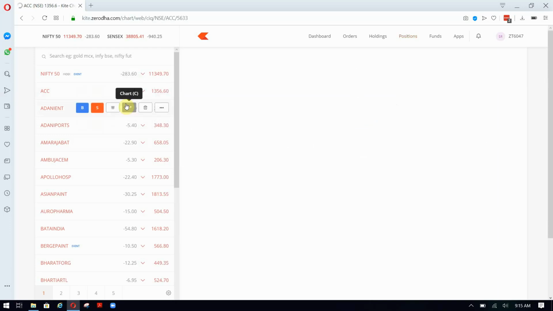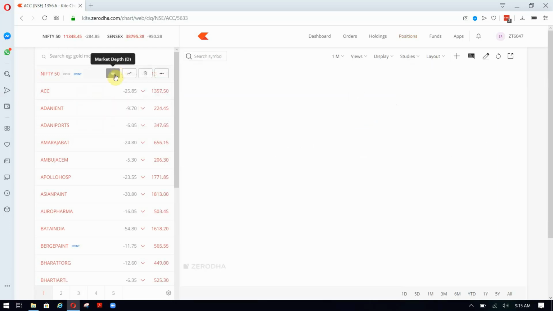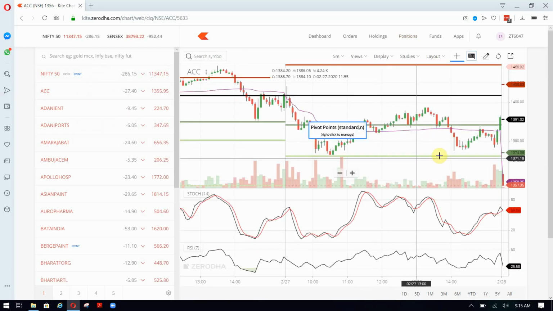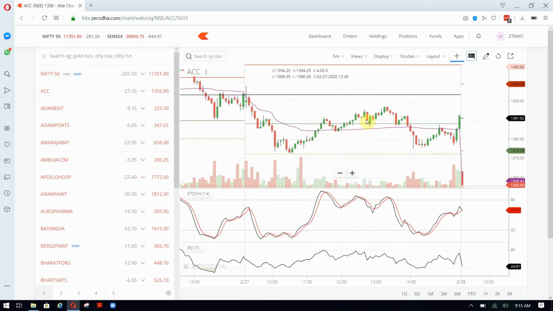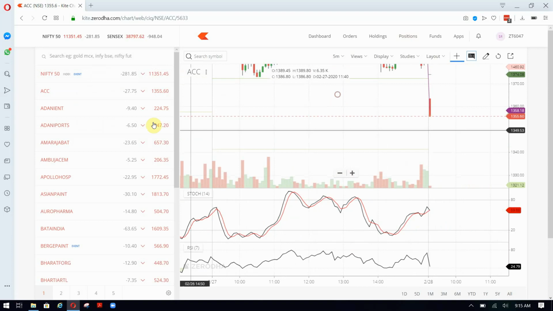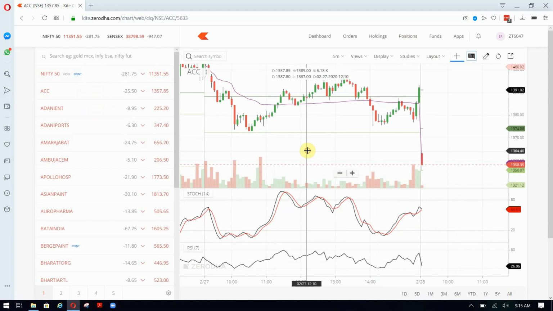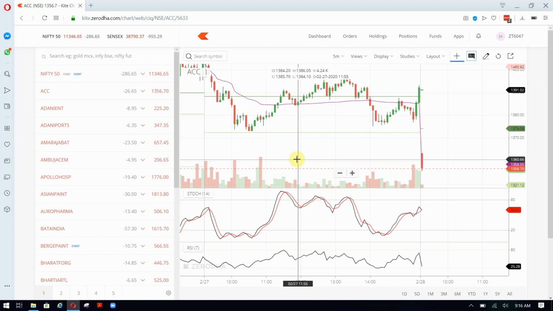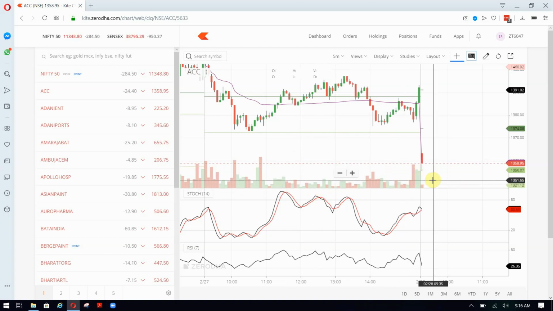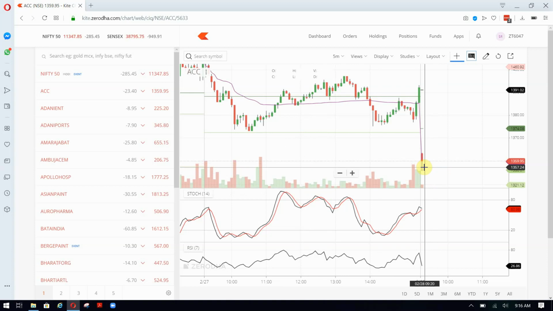So basically, I open the chart and I see today it's really a very hell day and it will be falling somewhere. But I don't take positions just because it is going in one direction. I always try to take reversal trades. So potentially I see a very good fall on this as well, but still I don't pick up anything.